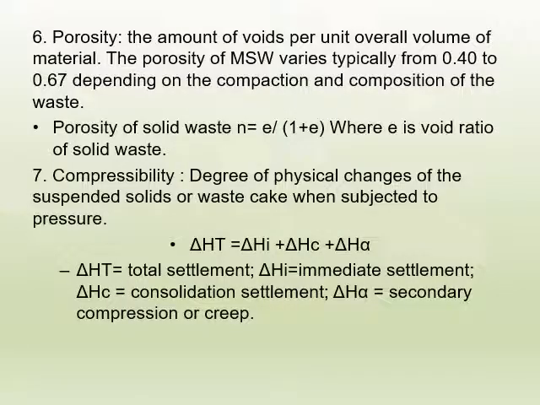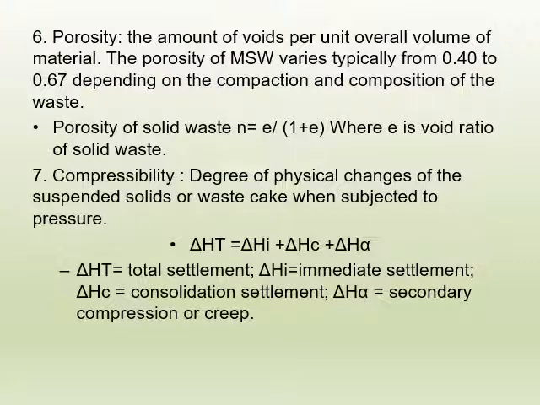Porosity is the amount of voids per unit overall volume of the material or the waste. The porosity of municipal solid wastes varies typically from 0.4 to 0.67 depending on the compaction and the composition of the wastes. Porosity of solid waste n equals e by 1 plus e, where e is the void ratio of the waste.